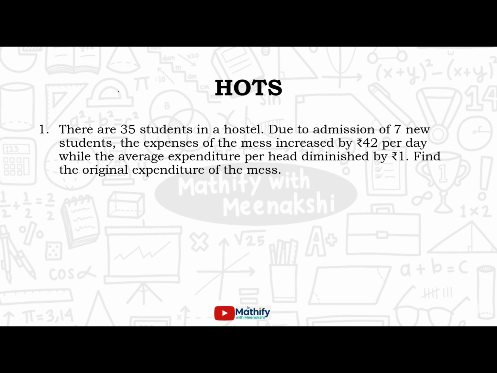First question. There are 35 students in a hostel. Due to admission of 7 new students, that means we have two cases. Earlier we had 35 students and now we have 7 more, that means 42 students.